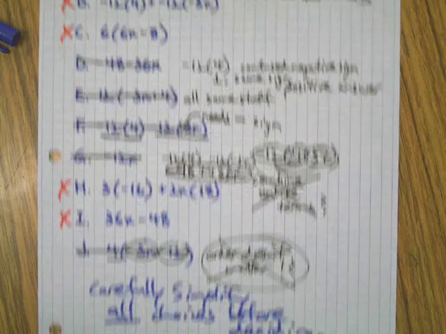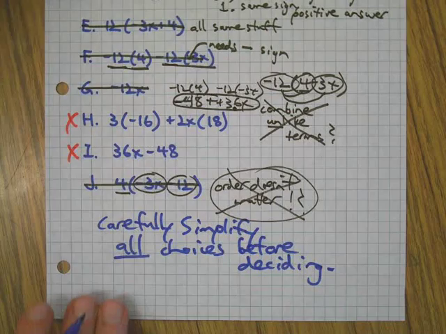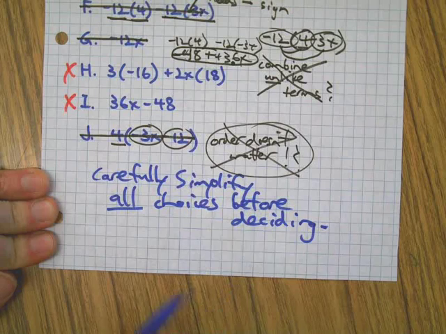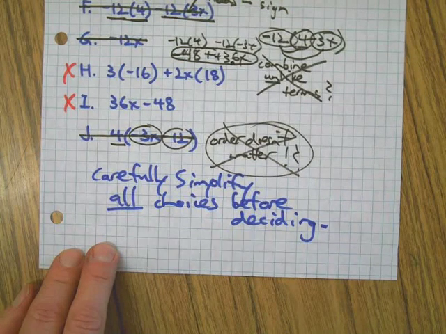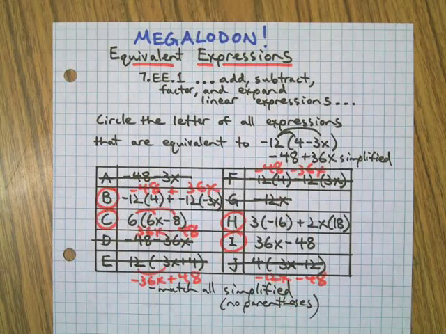Even though we analyzed all these wrong choices up here, the true solution, the single solution to all of these errors is just to simplify all of the choices, and then it's as easy as just doing a matching problem, okay? All right, that is how you deal with finding equivalent expressions.